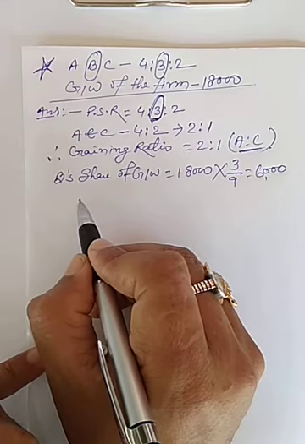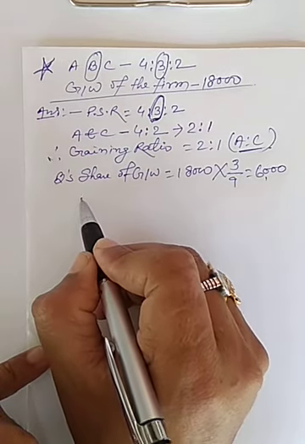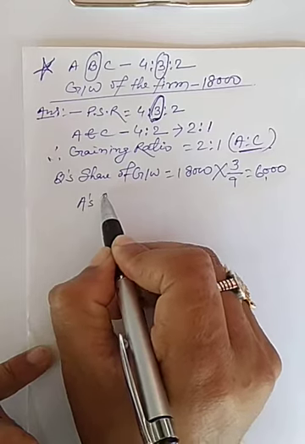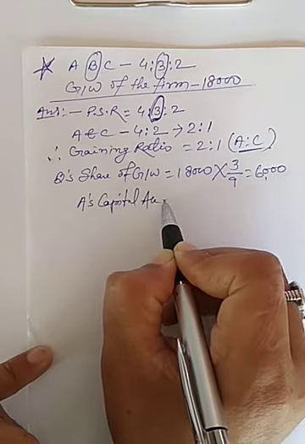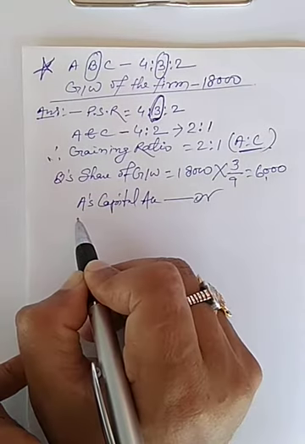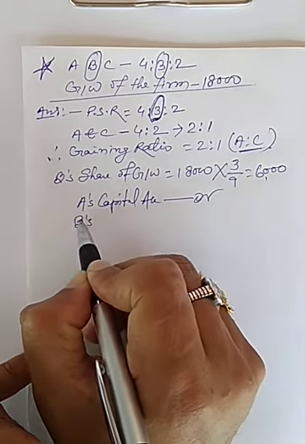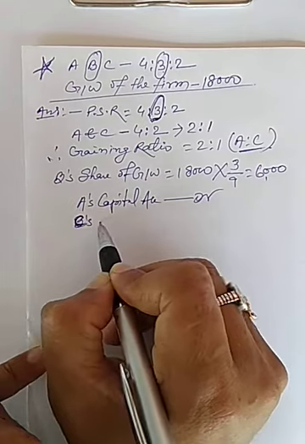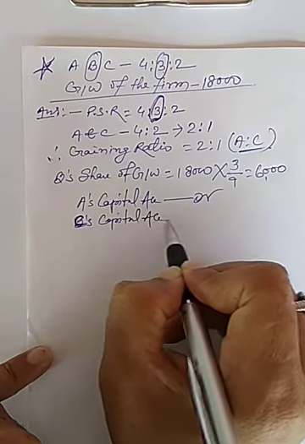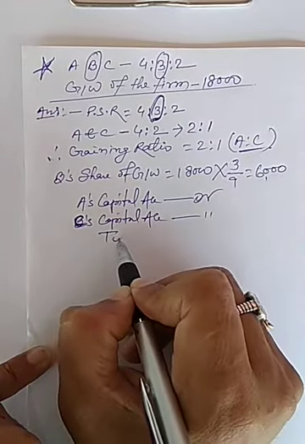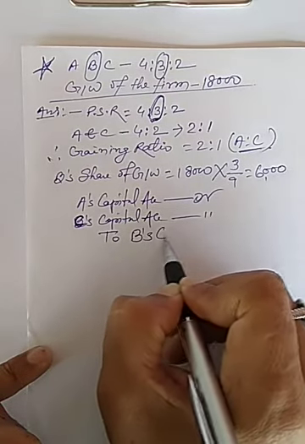So the journal entry will be A's capital account DR, C's capital account DR, to B's capital account.